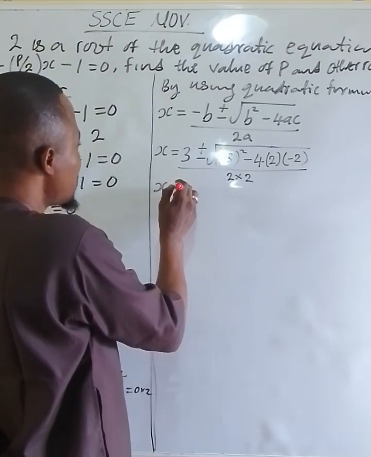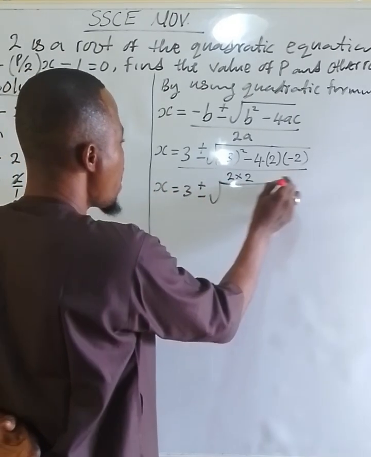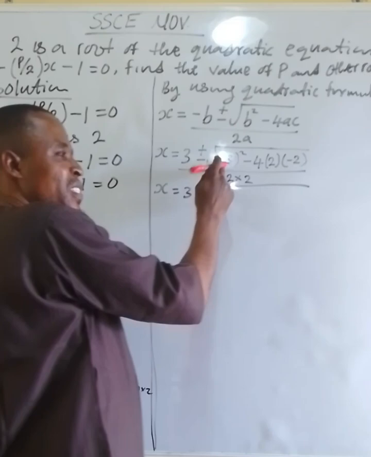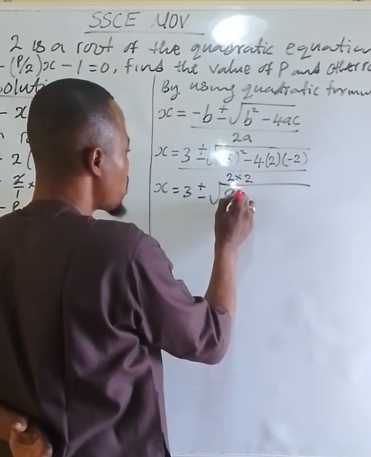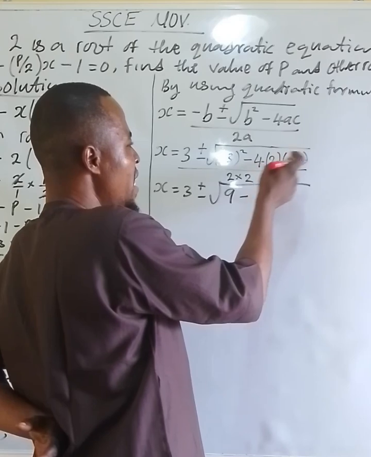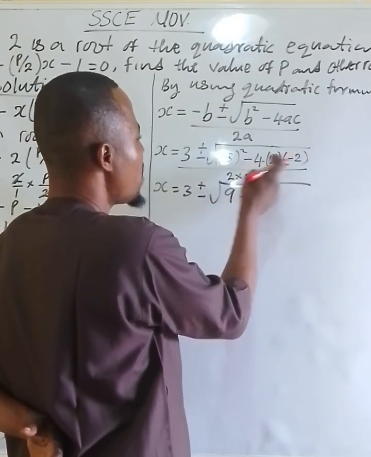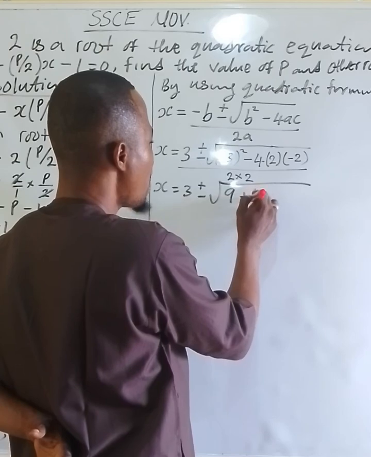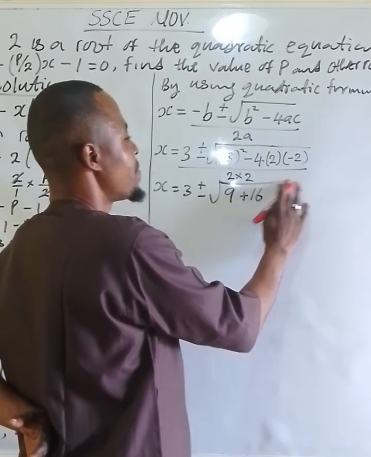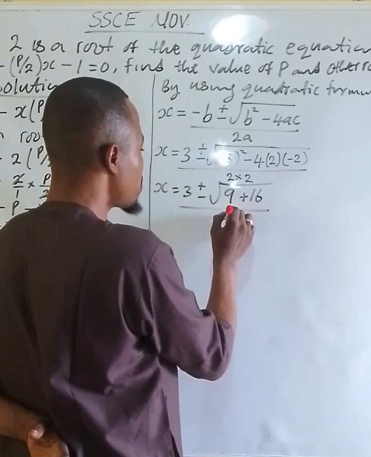So now x equals 3 plus or minus the square root of minus 3 times minus 3, which gives us plus 9. Minus 4 times 2, 8, 8 times 2, 16. And minus times minus will give us plus, so we have 16. Are we together now? Everything over 2 times 2, which is 4.